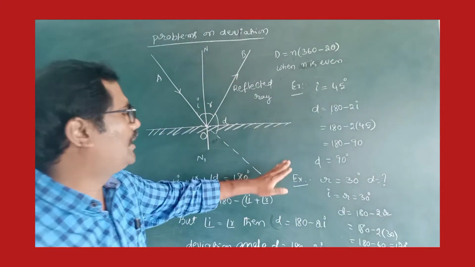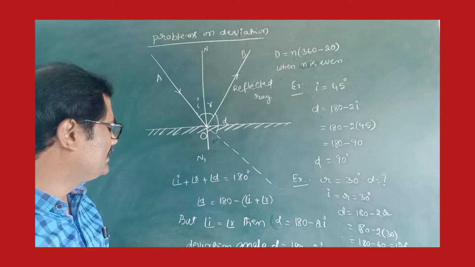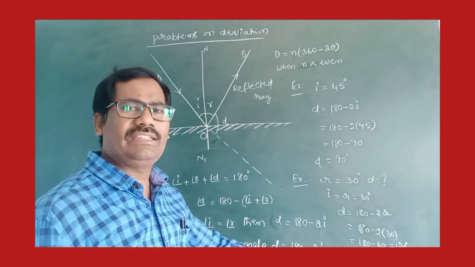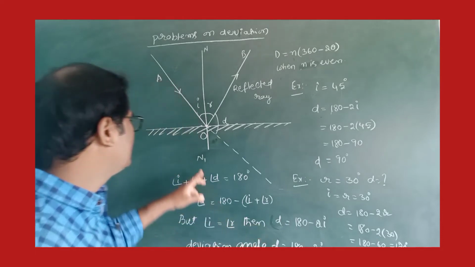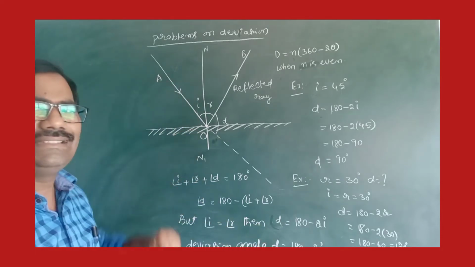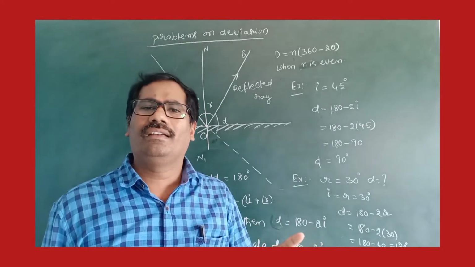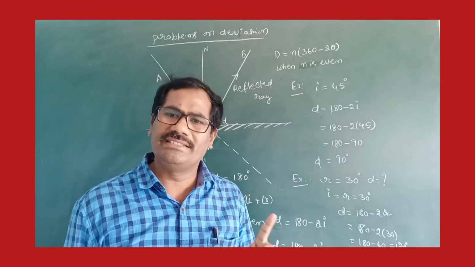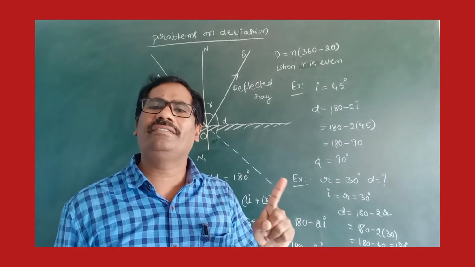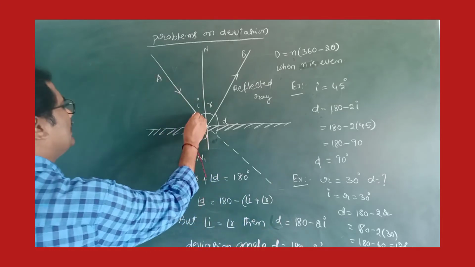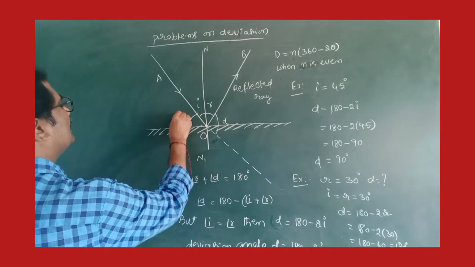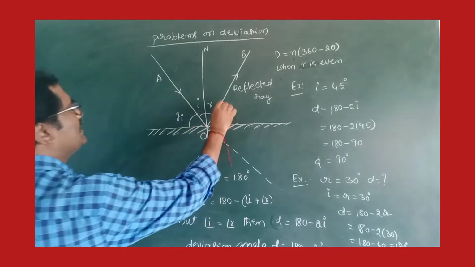For a single reflection, the formula is angle D is equal to 180 minus 2i. Now, what are the glancing angle of incidence and the glancing angle of reflection?